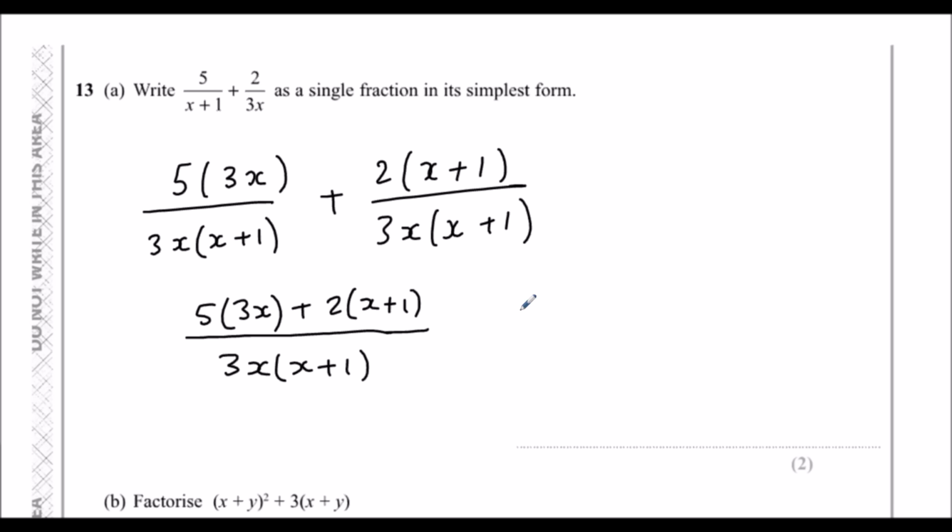If I now expand the top line, so 5 times 3x is 15x, 2 times x is 2x, and 2 times 1 is 2.